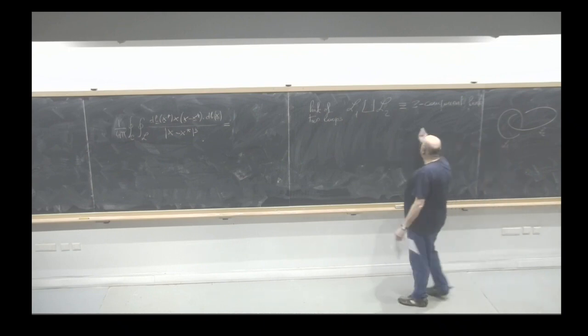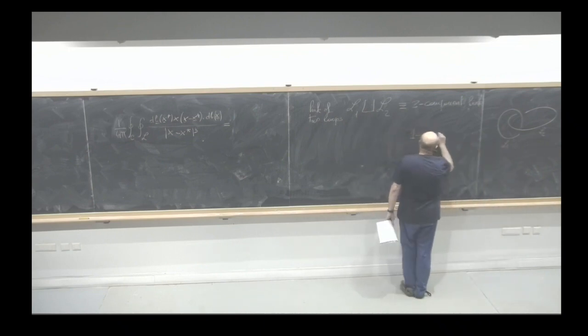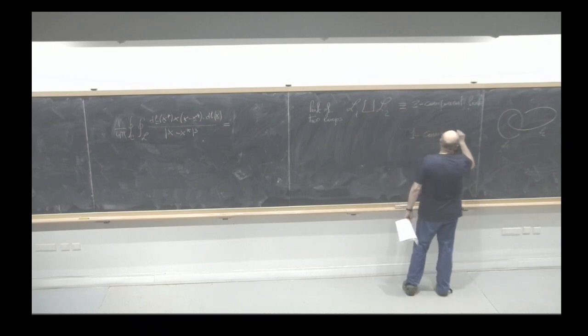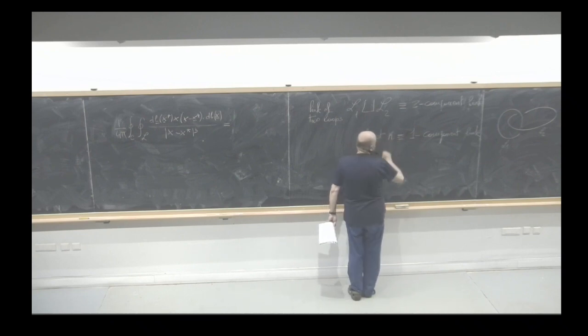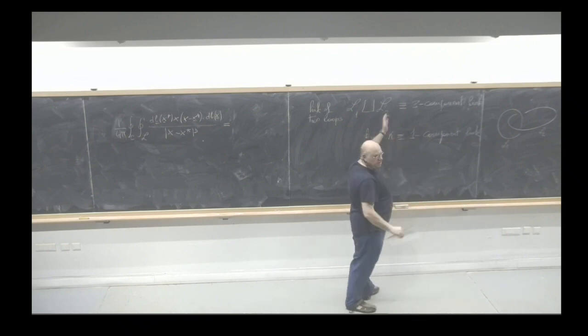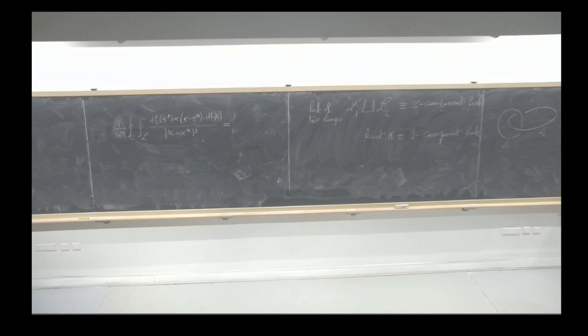A knot is, well, I'm forcing the language a little bit, a one-component link, and that is a knot. A knot in space, let's say K. I'll use either term very often to mean what is obvious.